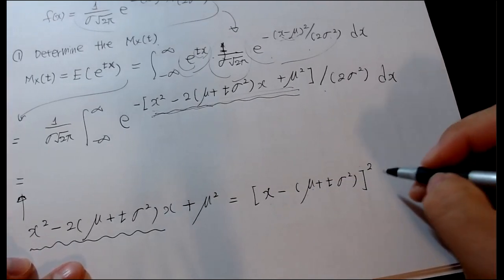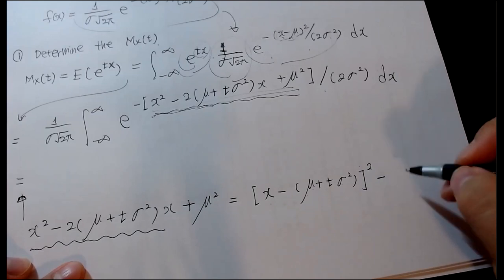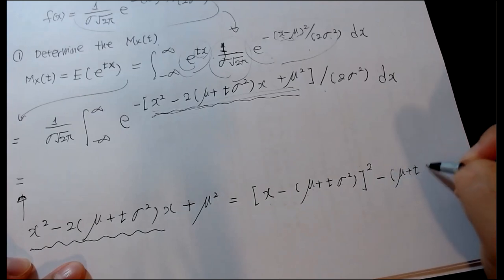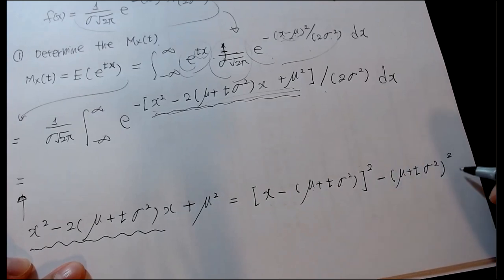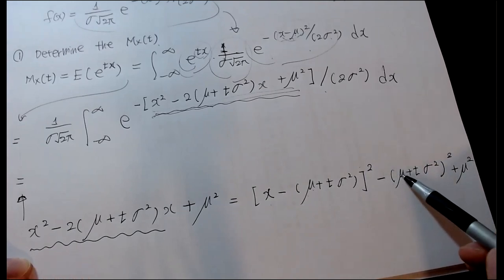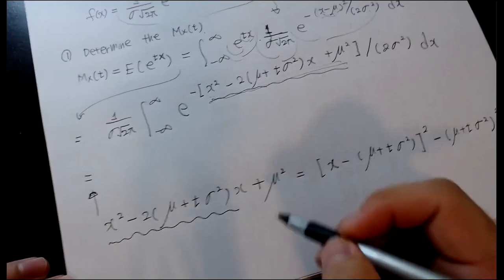Okay, so we have to subtract the (mu plus t times sigma square) squared, and then plus mu square, isn't it? Okay. But actually, we're gonna get the mu square here, minus mu square plus mu square. So mu square is gonna cancel out, is it?